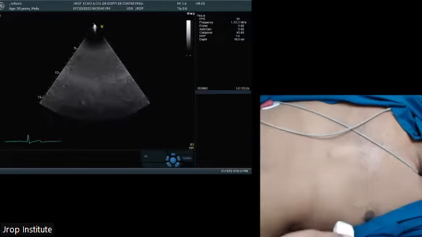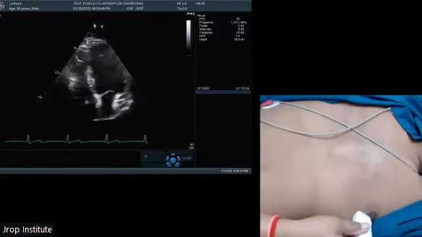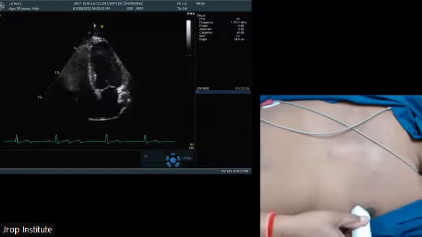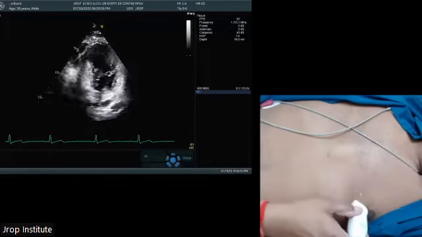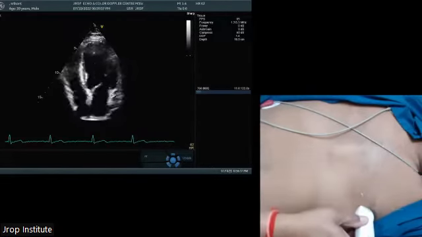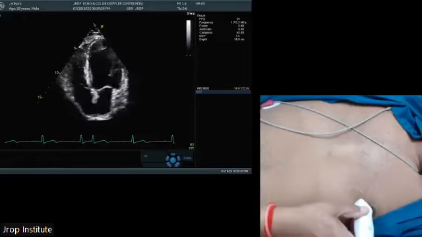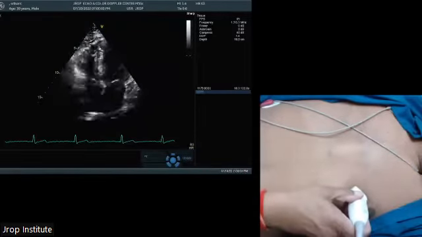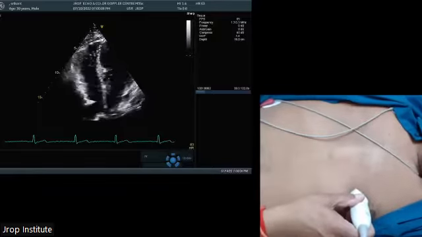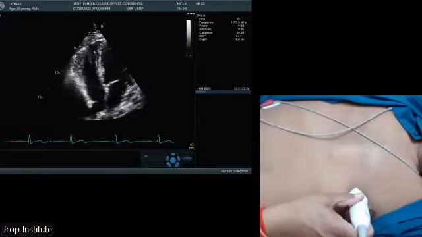From this window, somebody asked me this question, how to focus RV RA? Just go a space up. Look at the camera. Look at the screen. I'm going a space up. That's all. I'm getting rid of LV LA.